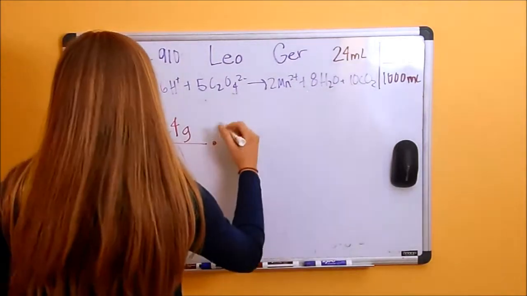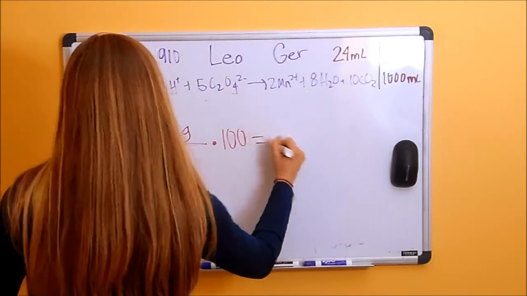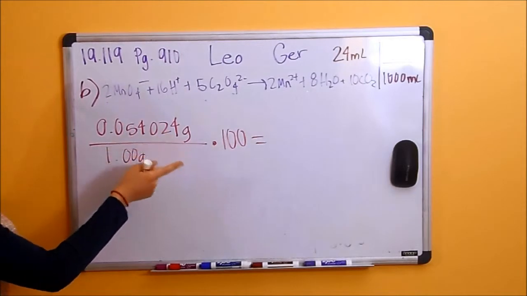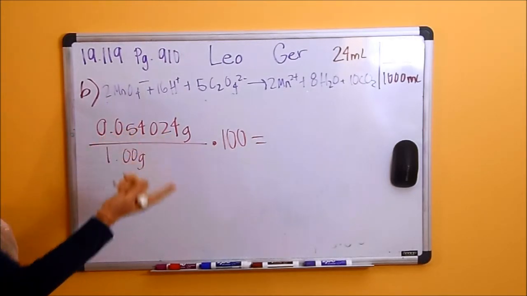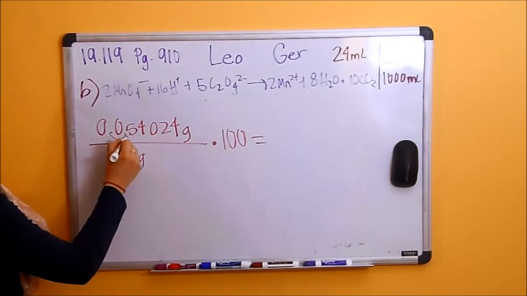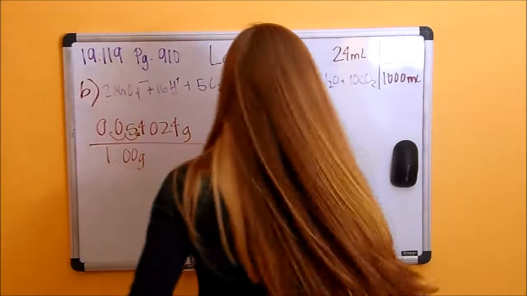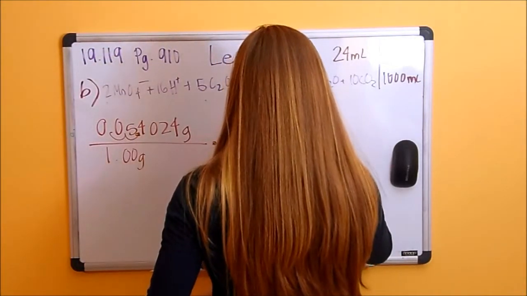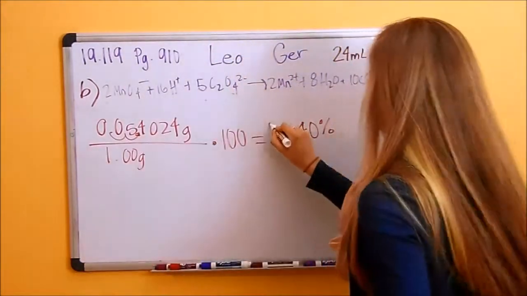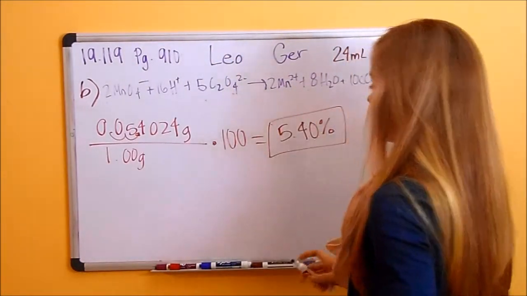And then we just times that by 100. And this 0.054024 divided by 1 is just the same thing. Times 100, we just move the decimal place twice. And that gives us 5.40%. And that is our answer.